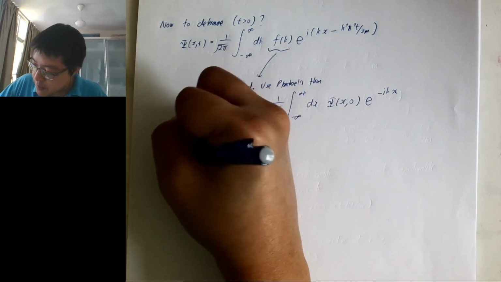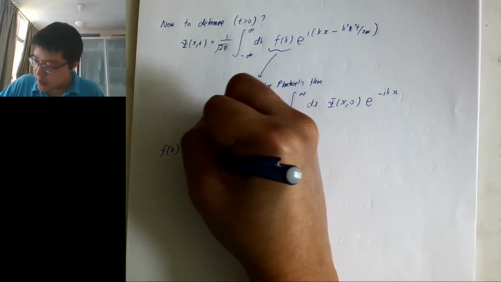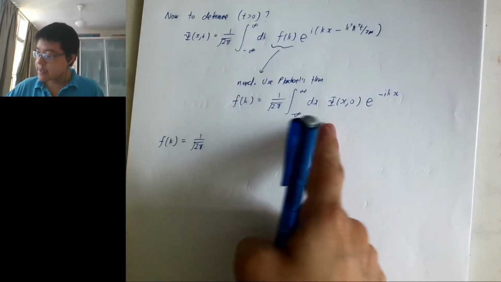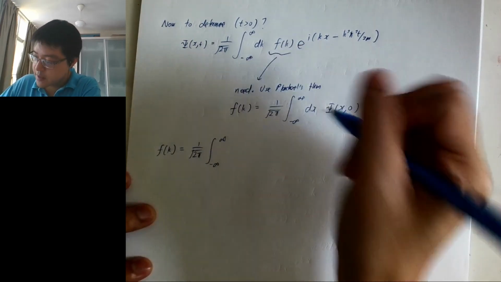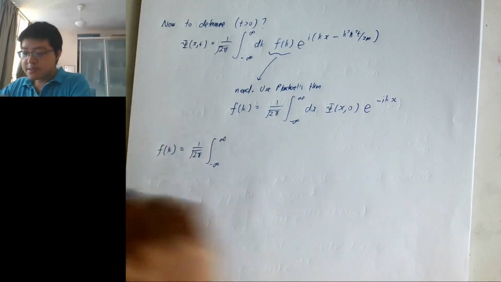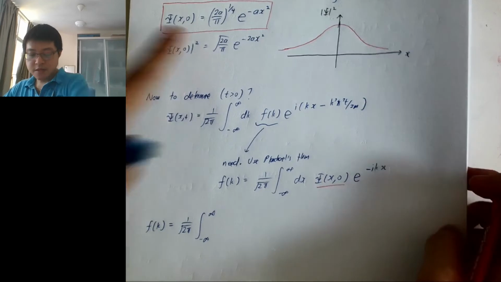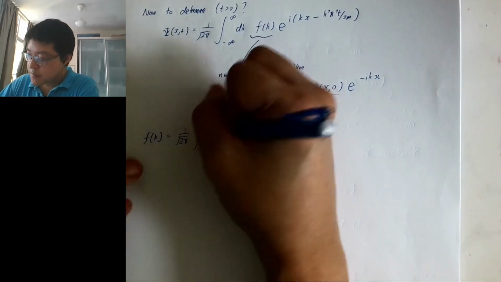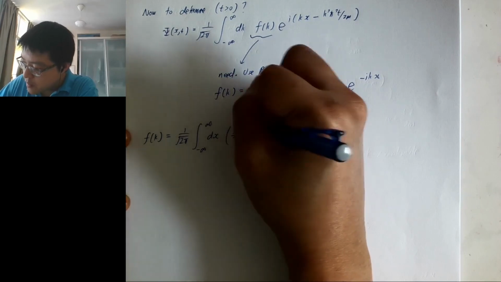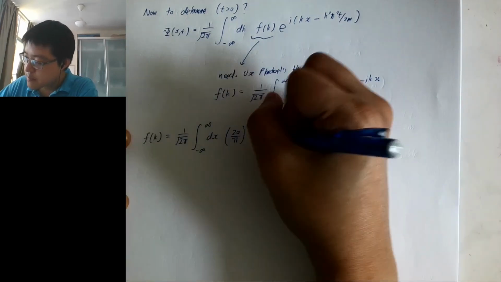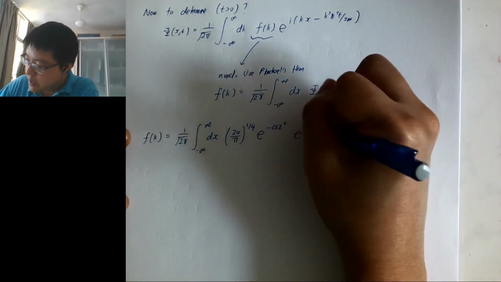Okay, so anyway, we want to determine the f of k, right? So the f of k is 1 over square root of 2 pi, and then this integral from minus infinity to infinity. My wave function at time 0 is over here, right? So let's put the wave function in, which is just 2a over pi to the 1/4, and then e to the minus ax squared, and then at the back is just e to the minus ikx.